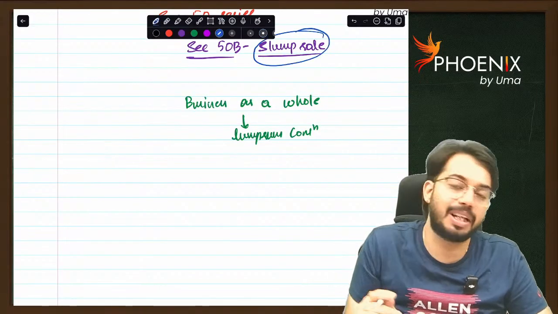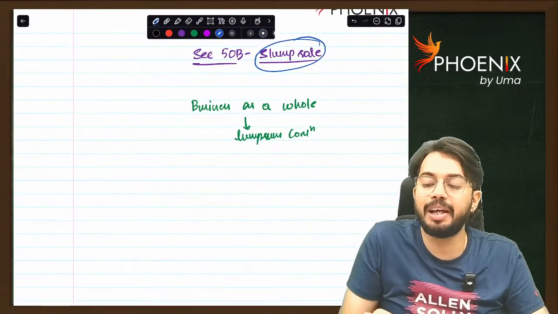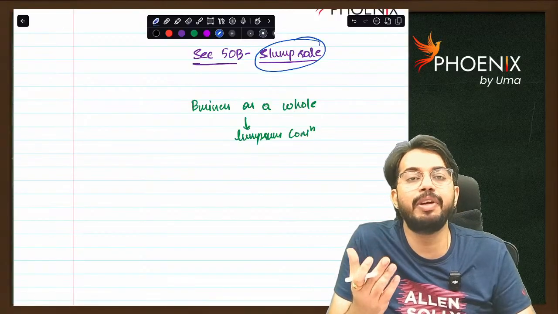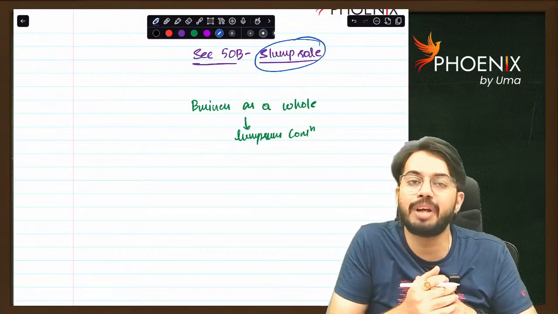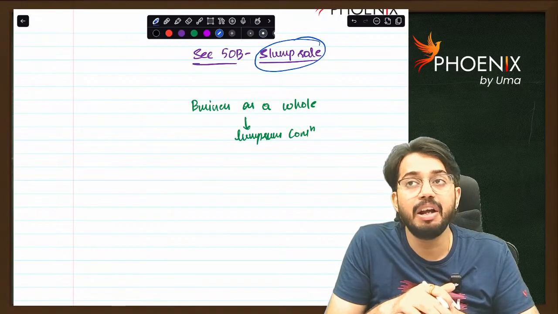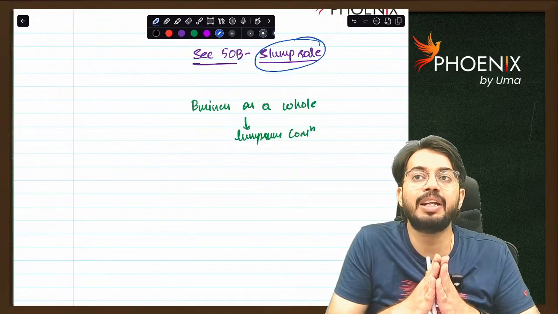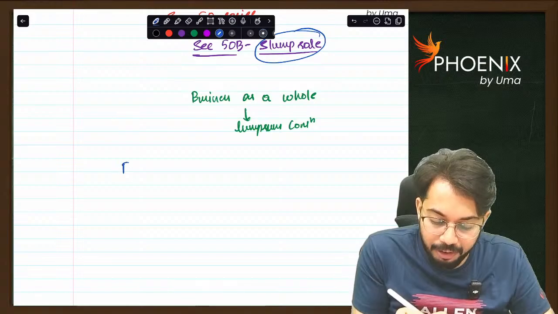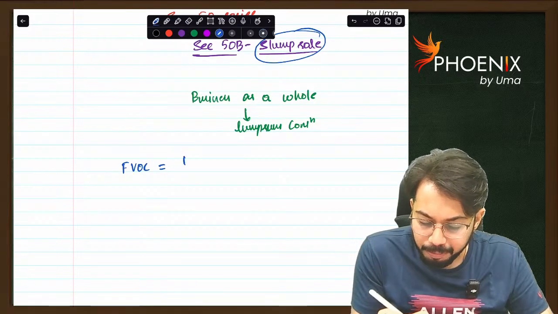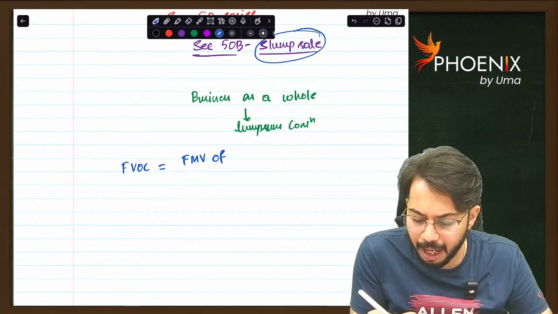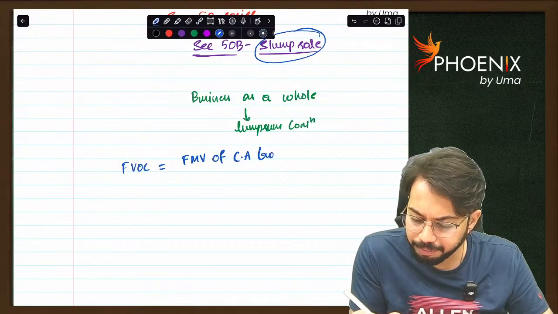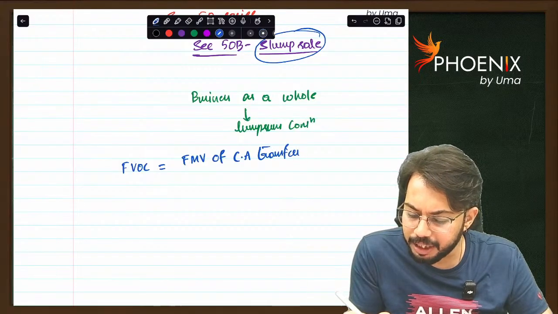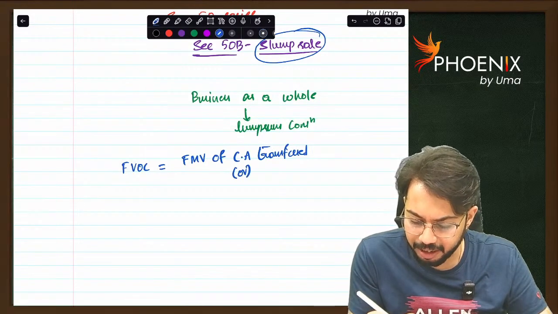So in case of slump sale, how to calculate capital gains? Because if we transfer an individual asset, it is easy to calculate capital gains. But here we are not selling an individual asset, we are selling business as a whole. So in this case, full value of consideration is equal to fair market value of capital assets transferred or lump sum consideration, whichever is higher.